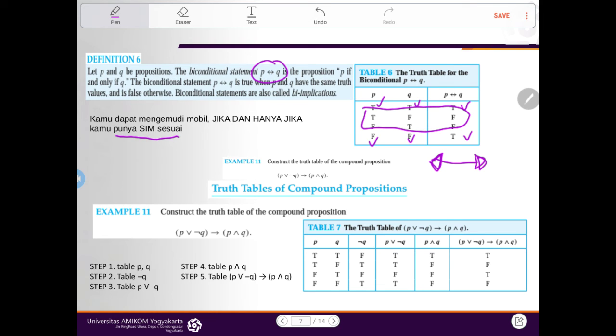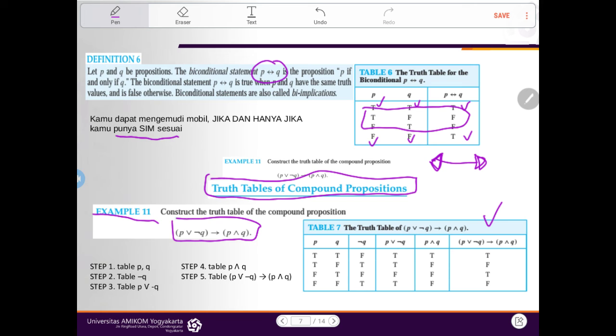Then we'll talk about the tools that we can use to test the value of propositions. We use the truth table, or tabel kebenaran in Bahasa. For example, construct the truth table of this value. We will construct this first. For P and Q, we have four possibilities: true, true, false, and false.